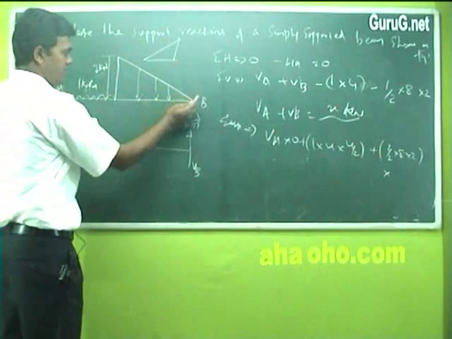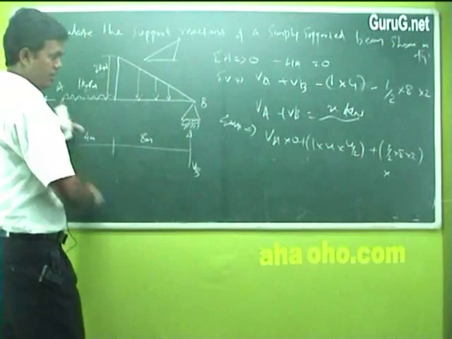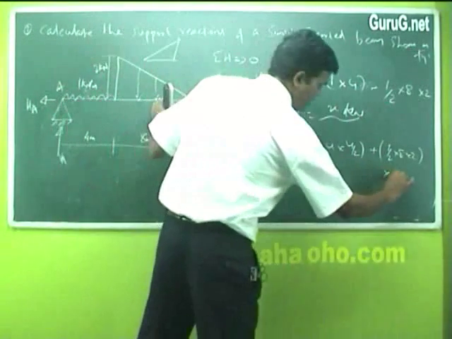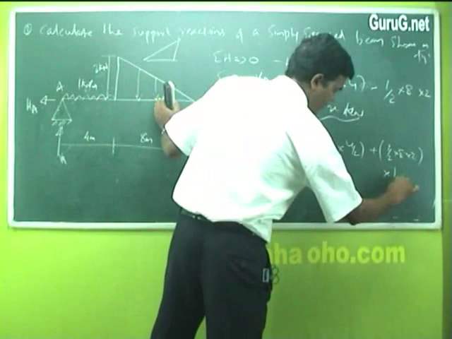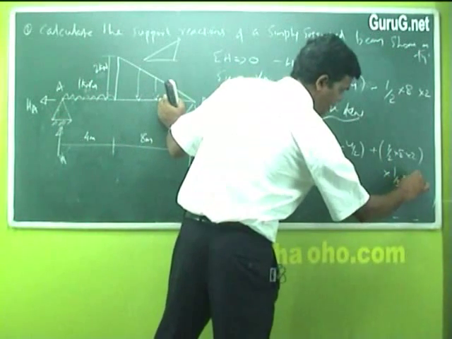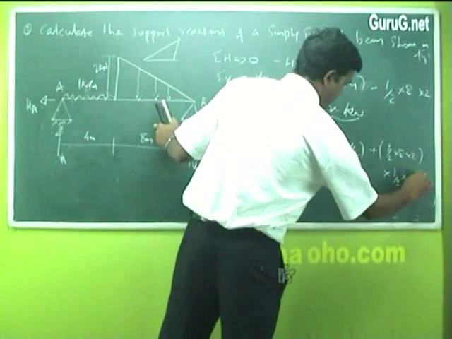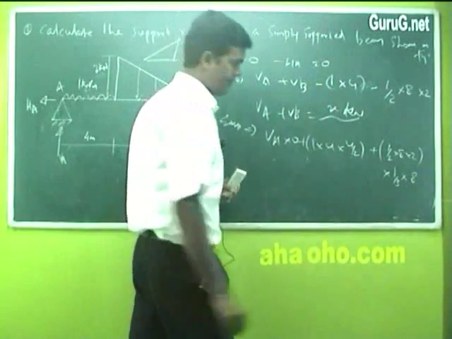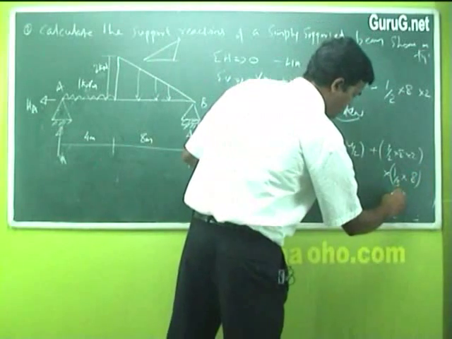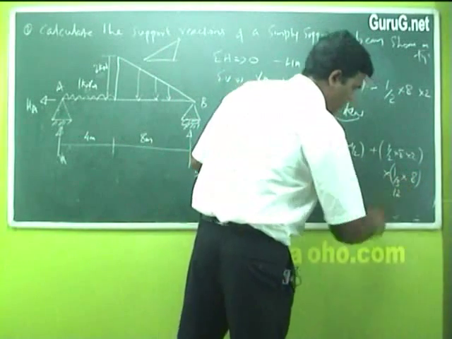So we have to neglect this portion and calculate the remaining. Then how to write? We take 1 by 3 into this length, that is 8 meter. So this 1 by 3 into 8 meter is some value which you have to reduce from 12.